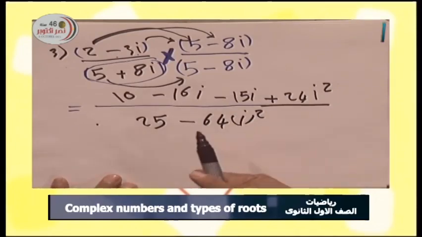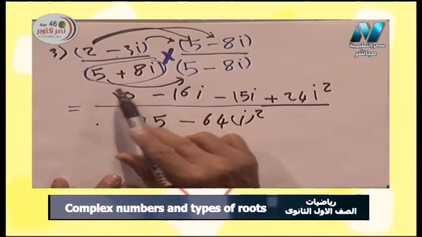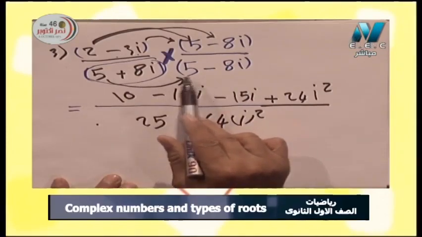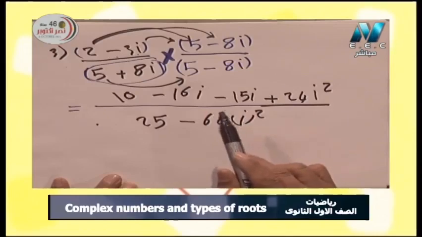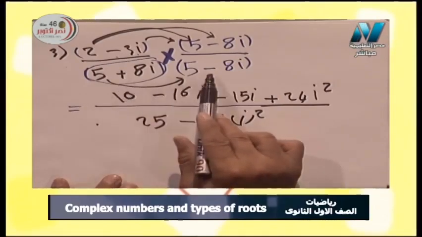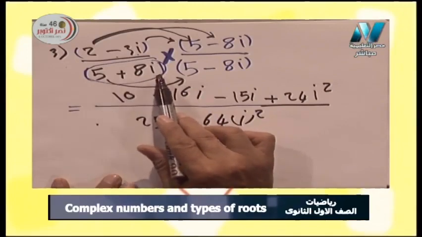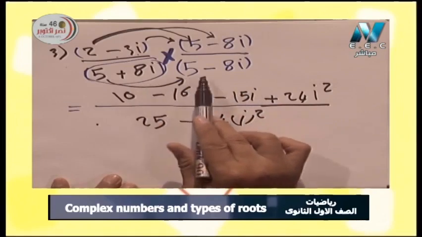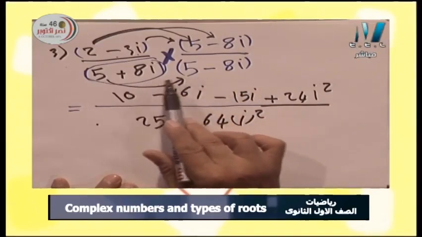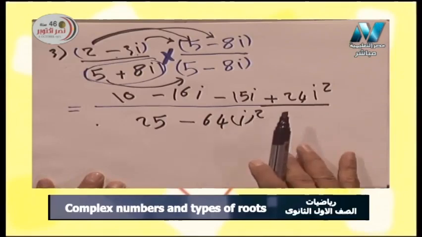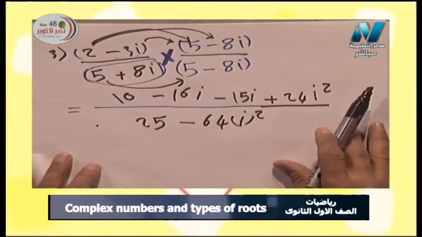Why did we not try 5 times negative 8i and 8i times 5? Because the sum will be 0, because they are a difference of two squares. 5 plus 8i multiplied by 5 minus 8i is a difference of two squares. So the middle part will be 0.